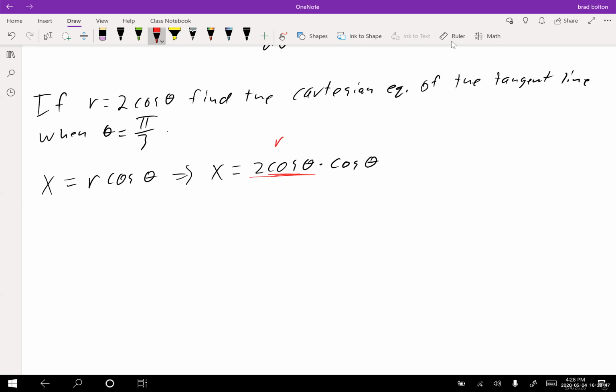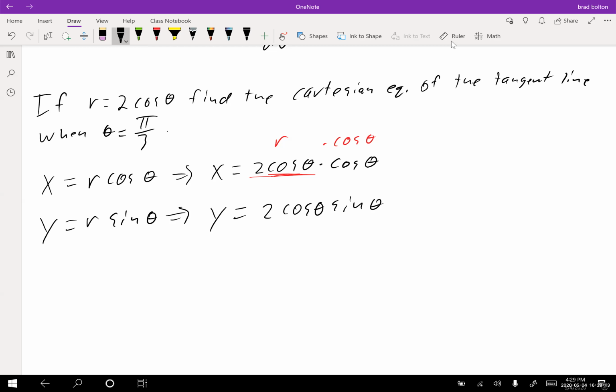So this would be r times cosine theta. And then let's do y equals r times sine theta. Well, this leads us to y equals 2 cosine theta, which is our r, once again, times sine theta. Okay. So we have this situation for our x and for our y.